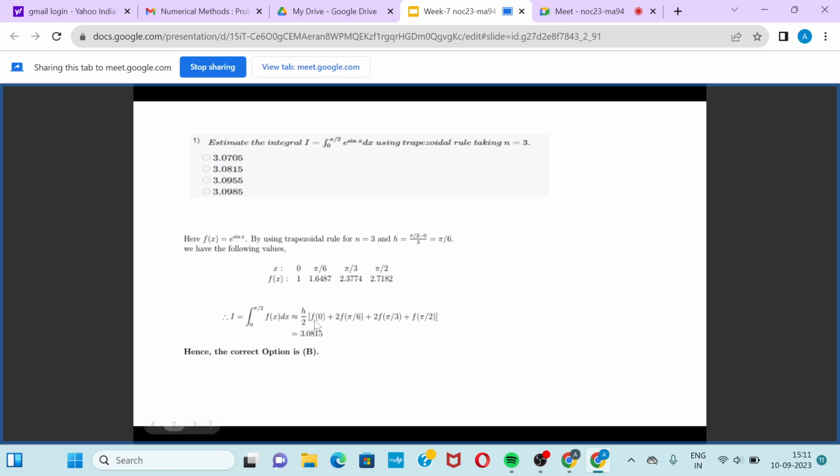So according to the formula, you will get this. Now, when you substitute the corresponding function values, you will get 3.0815. Okay. So just check, are you getting it? Or if you have any doubt, let me know.